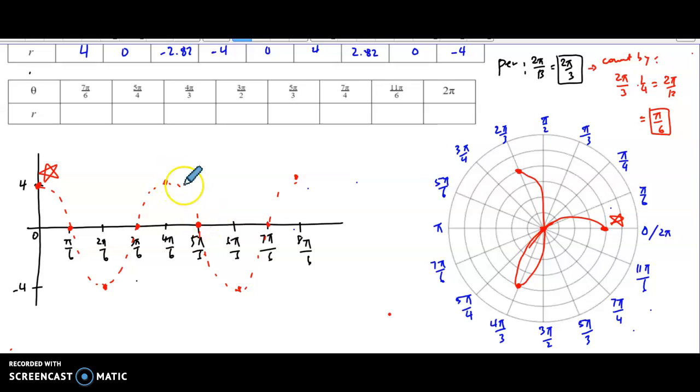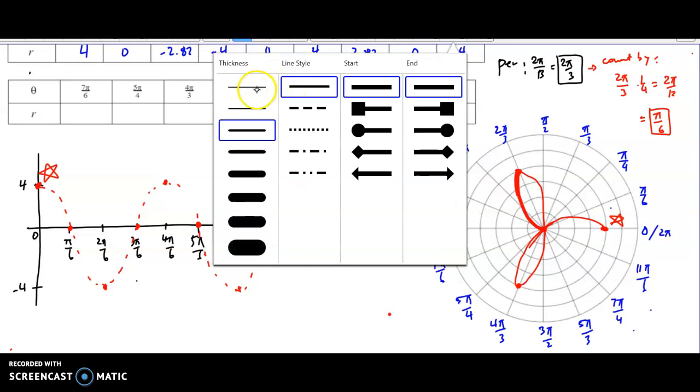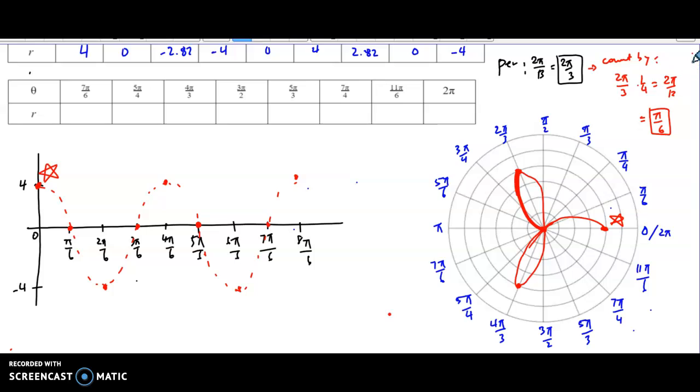So right here, what's going on here? At 5 pi over 6, it's at 0, so there's our other petal right there. At 6 pi over 6, that's just pi, right?